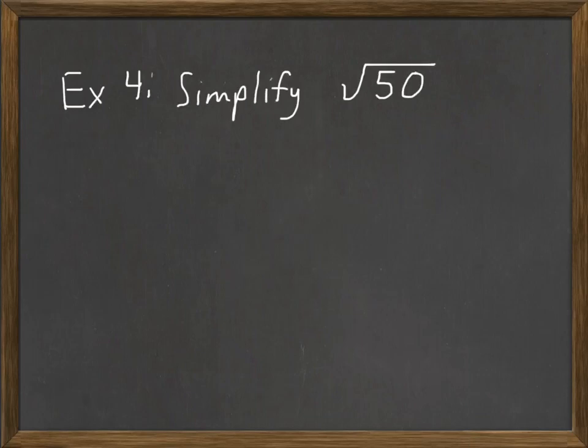Let's simplify the square root of 50. Again, we need to find a perfect square that 50 is divisible by. Perfect squares are like 1, 4, 9, 16, 25. Aha! I've got it! 25 is a factor of 50, or I could say that 50 is divisible by 25.